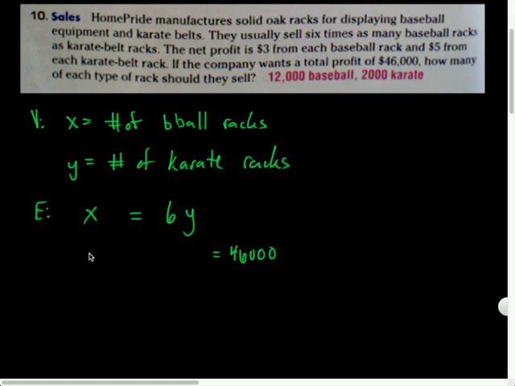I earned $3 for every what? So would you get like 3 racks? Yeah, right? $3 for every baseball rack. Hey, I have a way to say that. x. So 3 times x. This would represent the total profit coming in from all of the baseball racks. Plus, and then I earn, yeah, plus 5y.